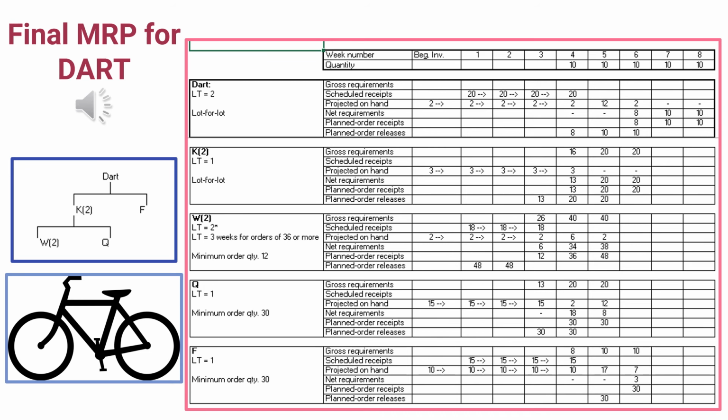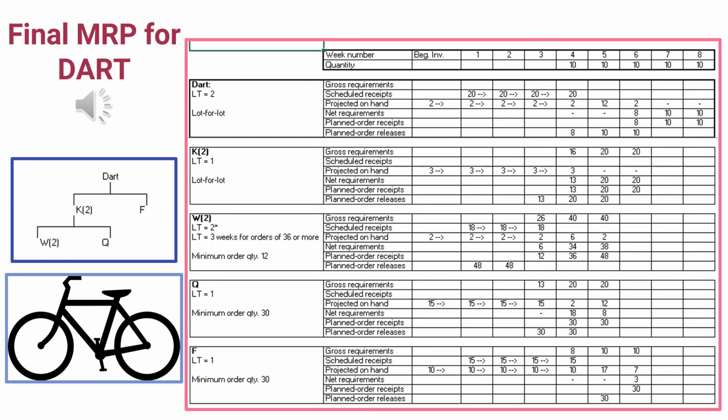From an MRP standpoint, for beginning inventory, we start from week 4 and go till week 8 with a quantity of 10 in every week, and then we calculate everything from Dart through all the products, which are K, F, W, Q in the product structure diagram.